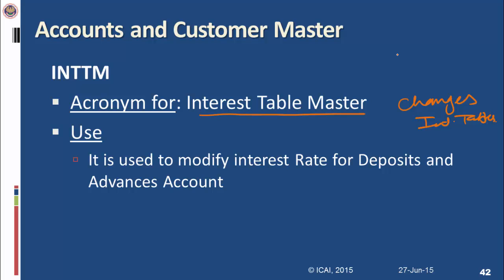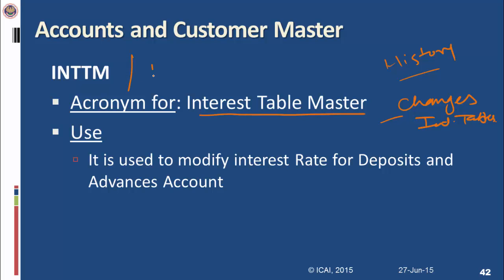So INTTM will give the history of changes in the interest table. So we can go with the date when the change was made, and the new rate that is there, through INTTM.